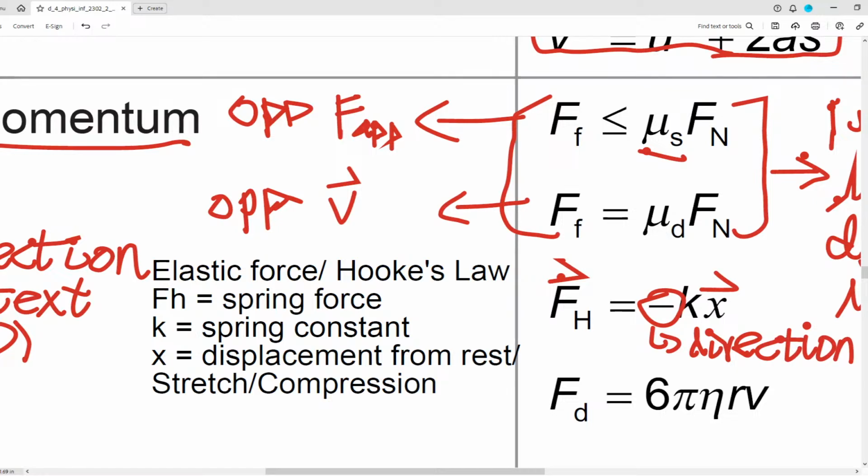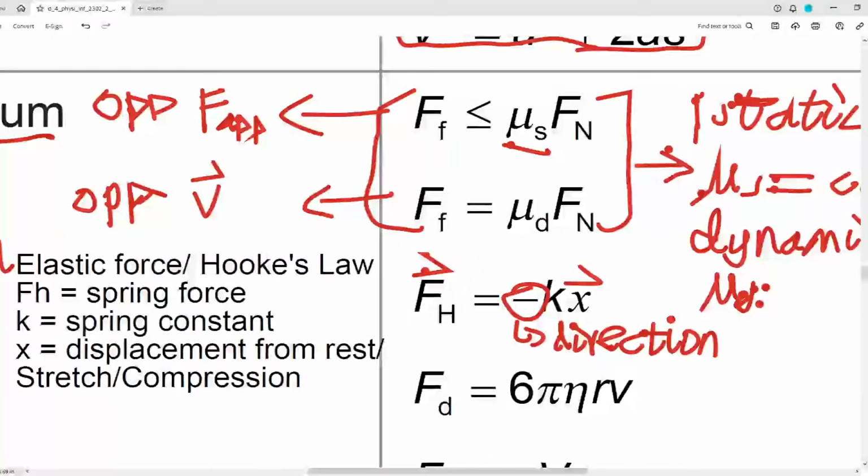The direction is always opposite. The displacement is always opposite that of the force. The force and displacement are always in opposite directions.